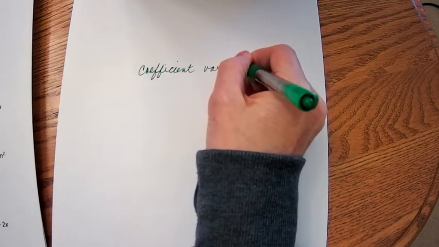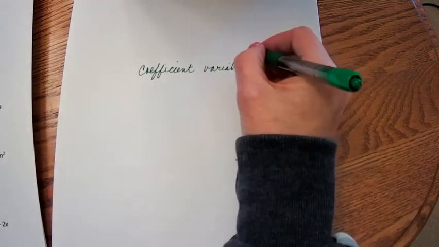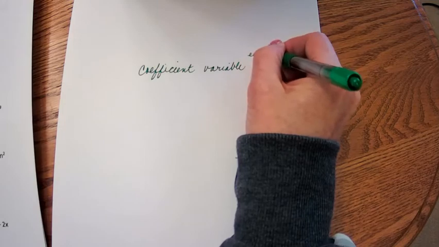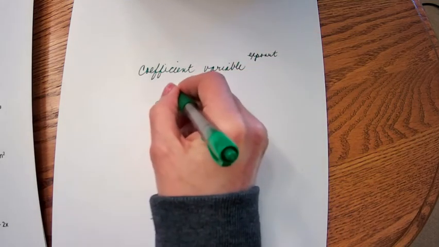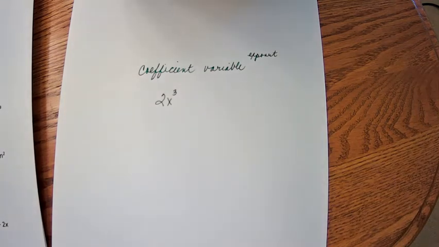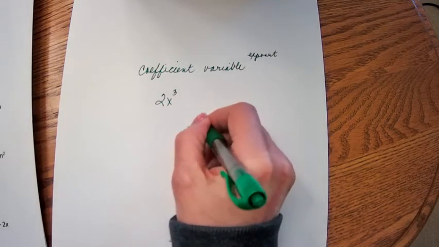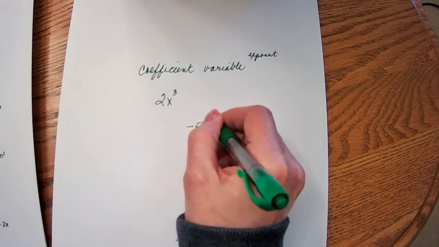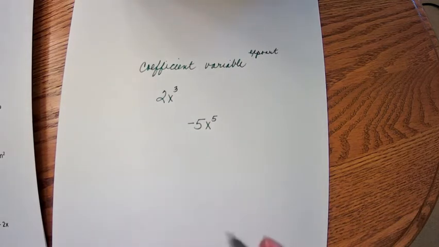And it may have a variable, which is usually a lowercase letter, and that is raised to an exponent. So an example would be 2x to the third. That would be considered a term. Or negative 5x to the fifth. That would be considered a term.